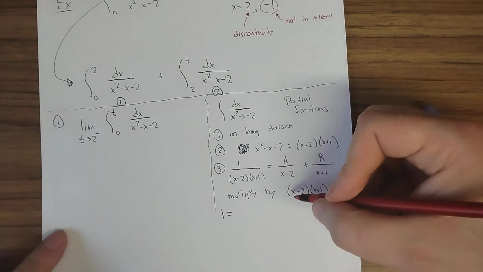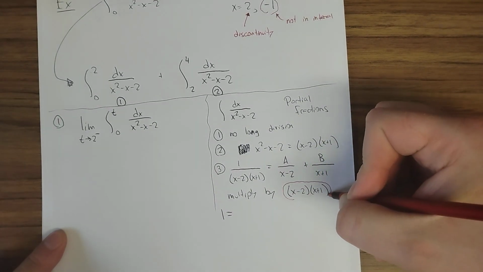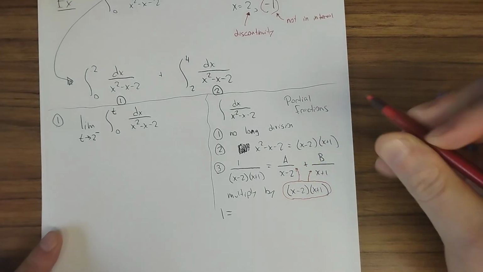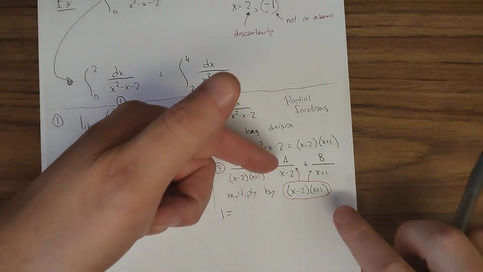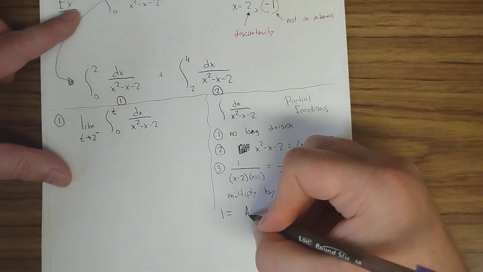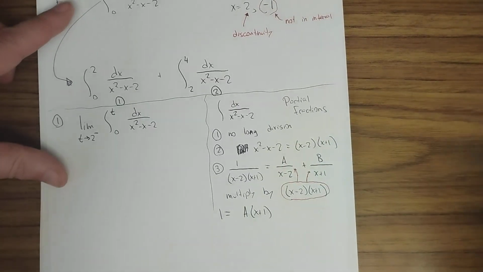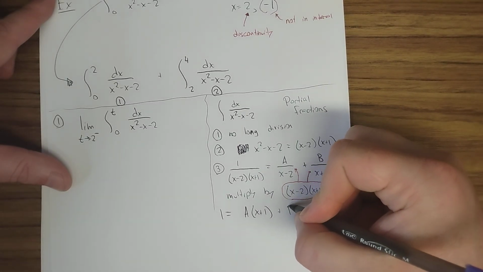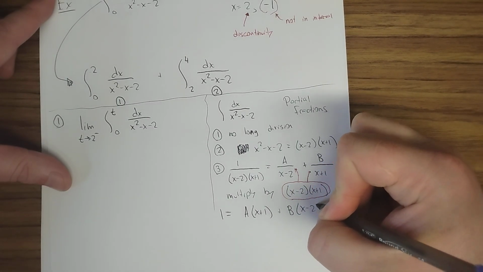On the right-hand side, I have to be a little careful to distribute this separately here and also here. So when I distribute this here, the x minus 2 cancels and I'm left with the x plus 1. When I distribute this here, the x plus 1 cancels and I'm left with x minus 2.